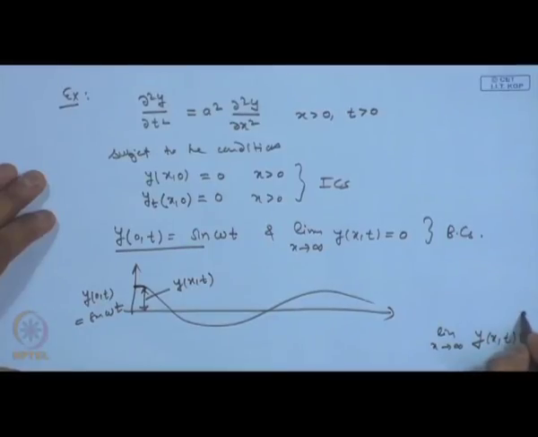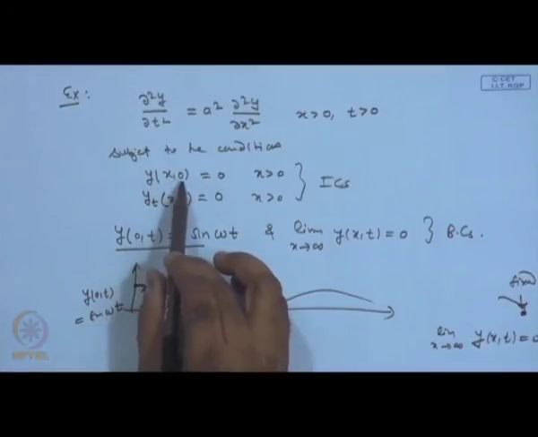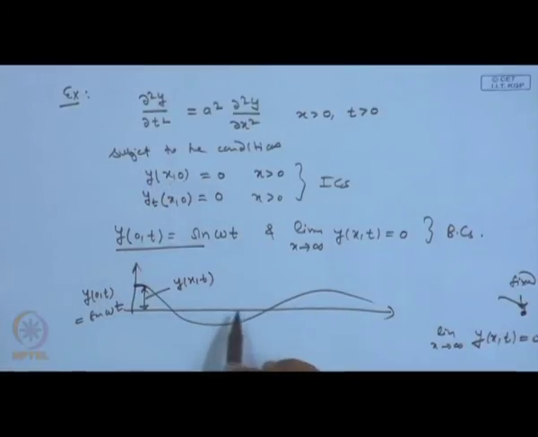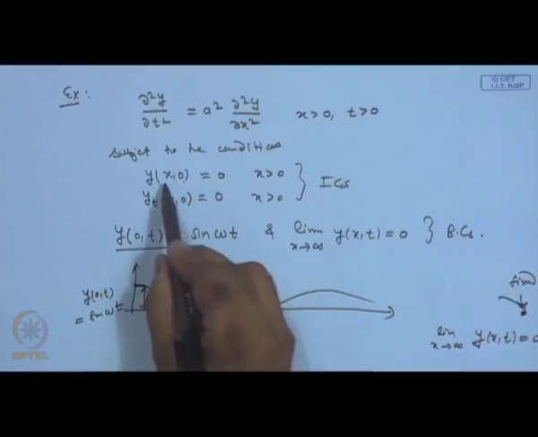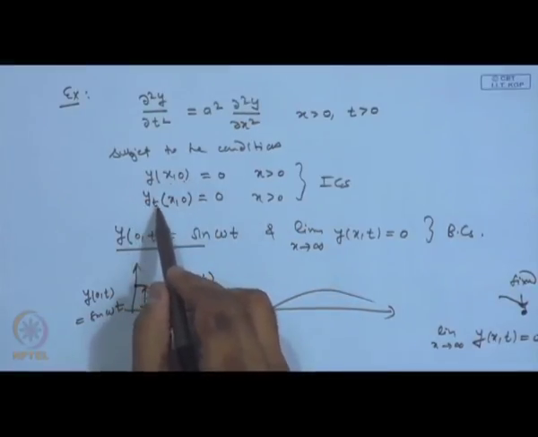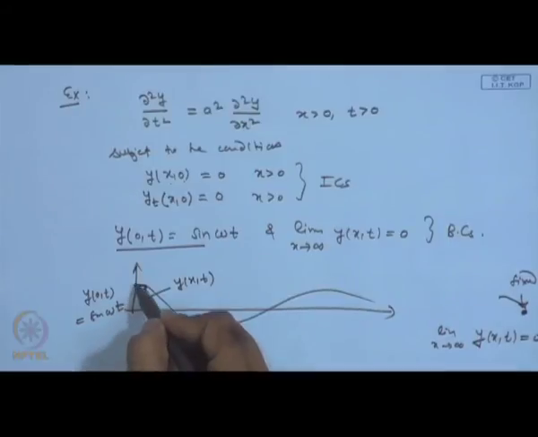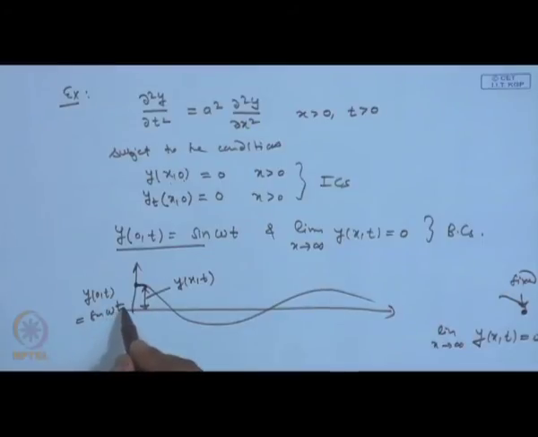So, this end is fixed, and then we have the initial conditions that y x 0 at t is equal to 0, the string is at rest. So, y x 0 is 0, and also the velocity y t x 0 is 0. So, the string was at rest, and then at this end we have moved according to sin omega t as t varies.